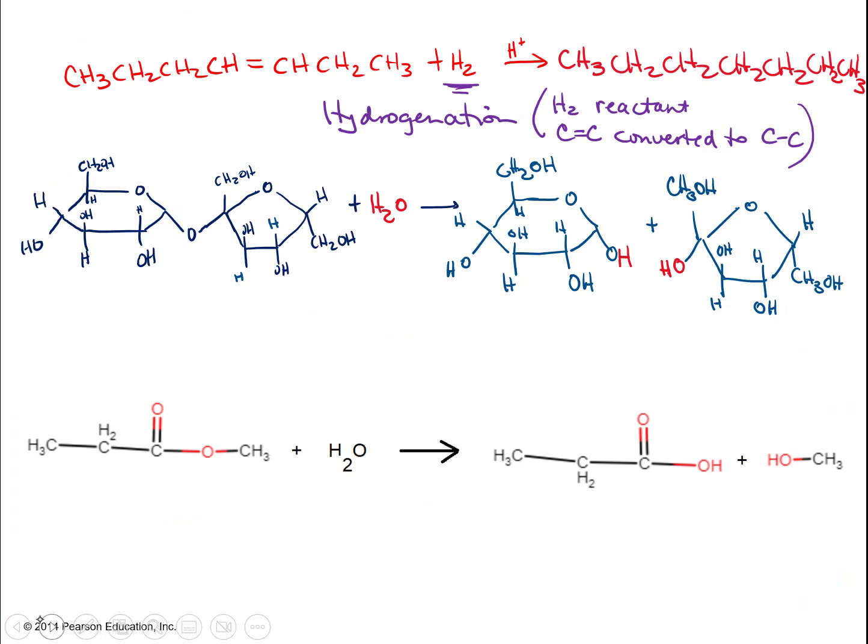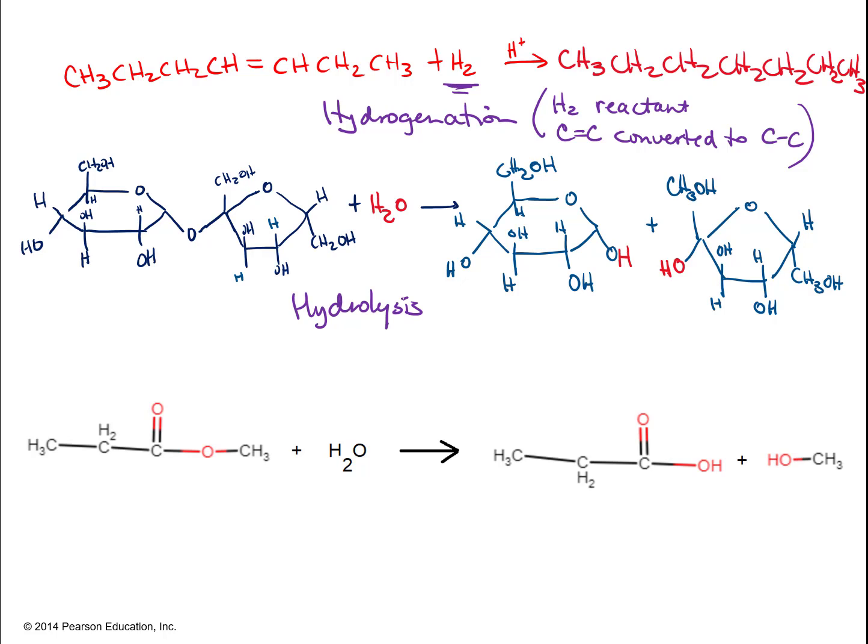It's hydrolysis. And I colored the water molecules red so you can see how H gets added to one side, alcohol group gets added to the other. So this is a disaccharide and I'm splitting it into two monosaccharides. I'm taking one sugar molecule and making two sugar molecules.